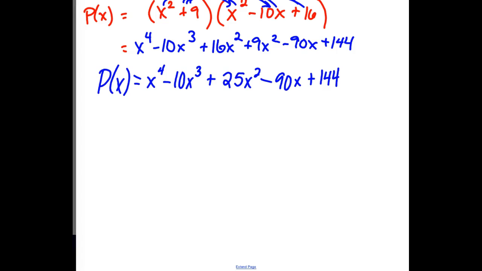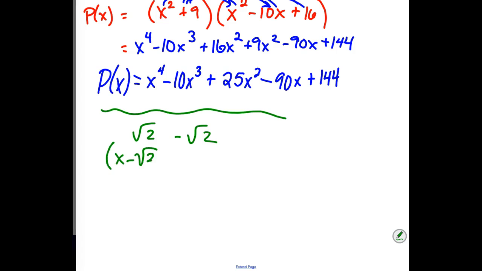Quick check. We said if the square root of 2 was a 0, we also had to have a negative square root of 2. So my factors would look like this. Yes? And if you multiply those together, what are you going to get?